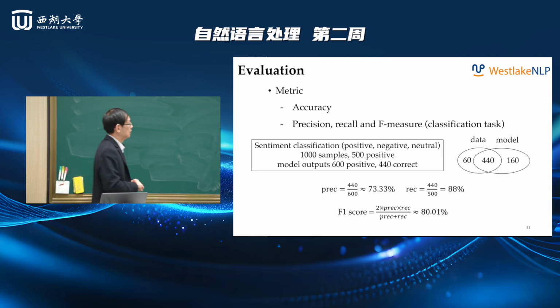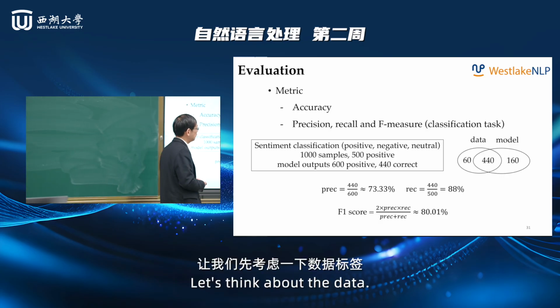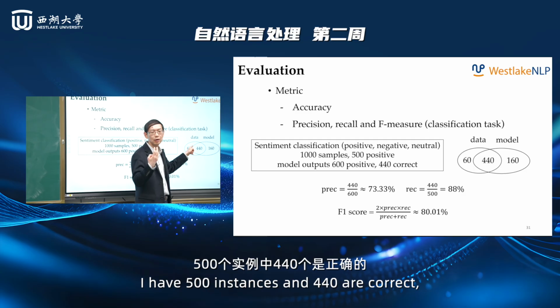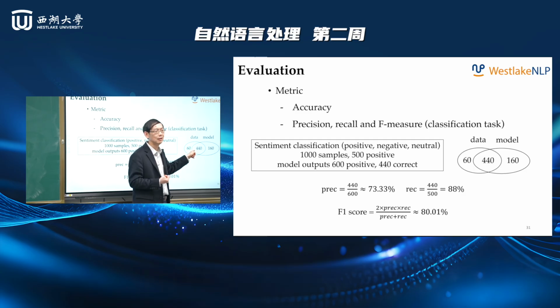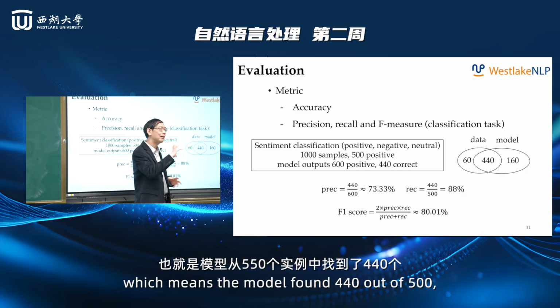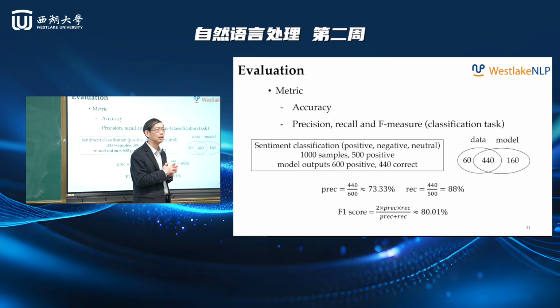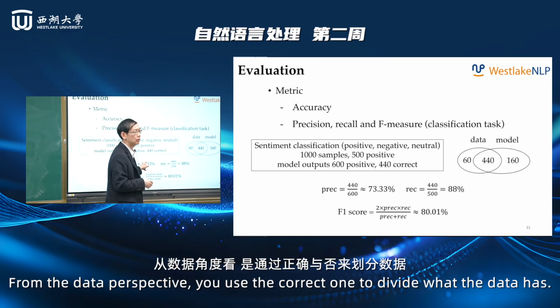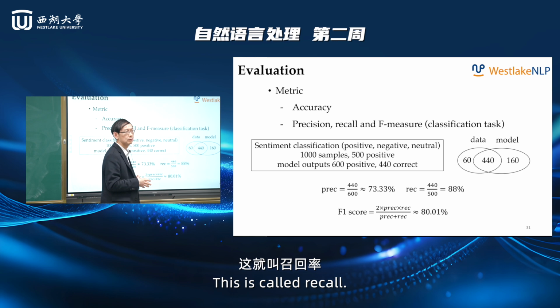Let's think about the data first. I have 500 instances and 440 are correct, which means the model found 440 out of my 500. This is called recall, from the data perspective. You use the correct ones divided by what the data has.